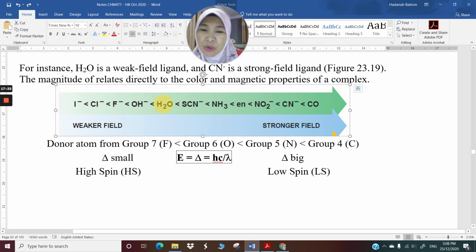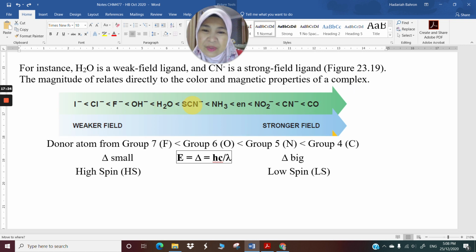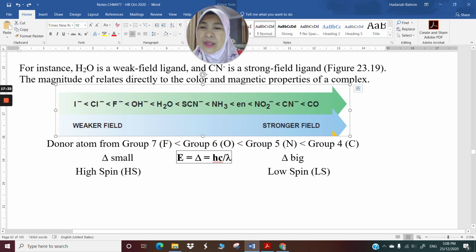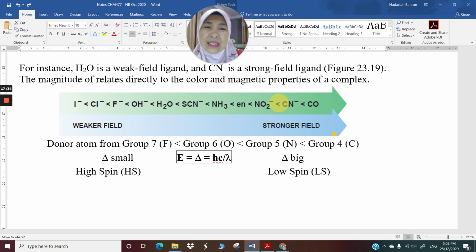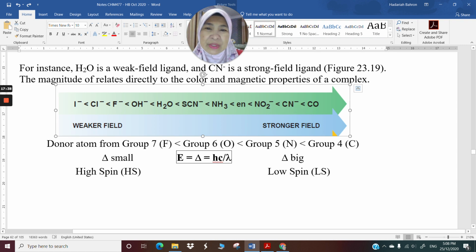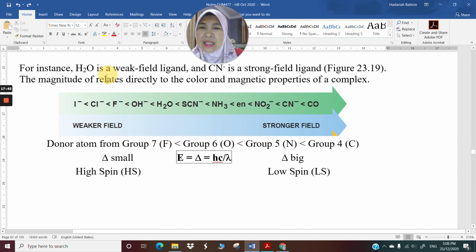In the middle, you have water, thiocyanate, amine, ethylenediamine, nitro, cyano. So you have increasing field strength, what's called the spectrochemical series. So this is the spectrochemical series. The magnitude of the splitting directly affects the color and magnetic properties of the complex.